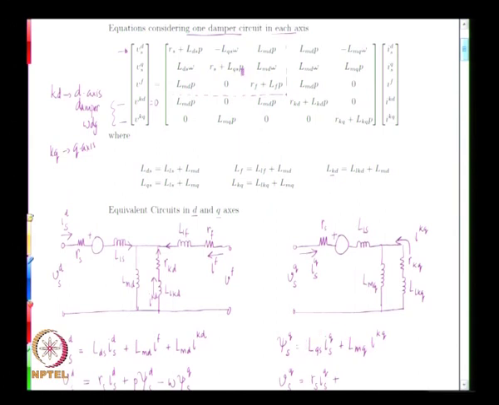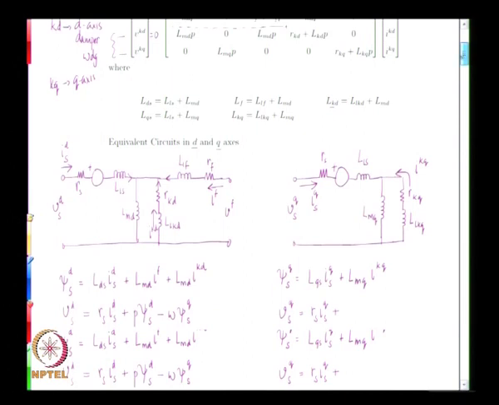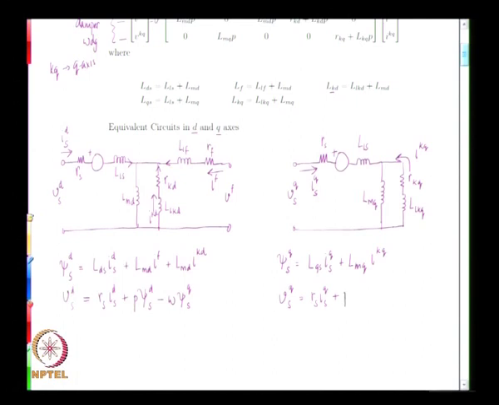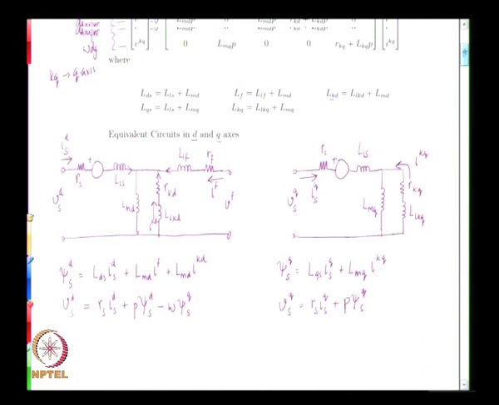Derivative of that would mean derivative of this flux linkage, and therefore, this expression can be written as P times psi qs, and then you have the speed EMF terms.